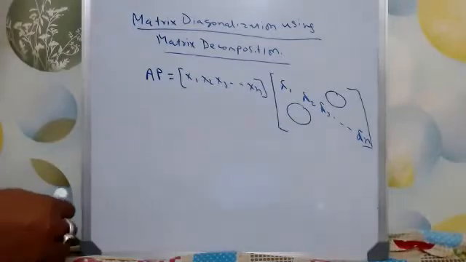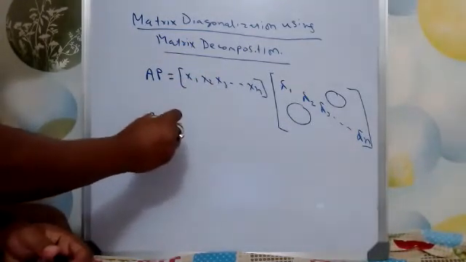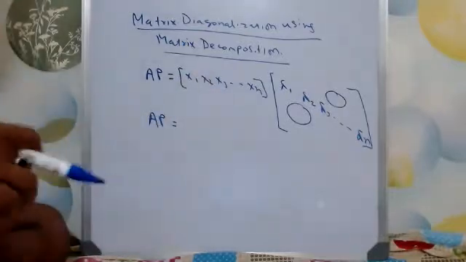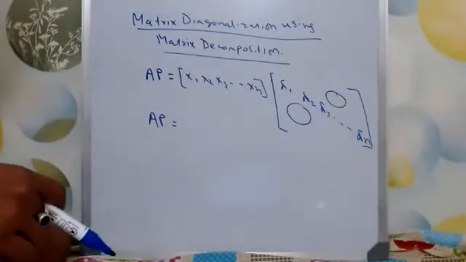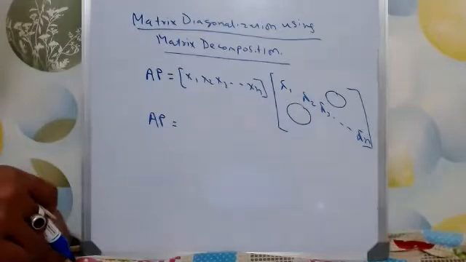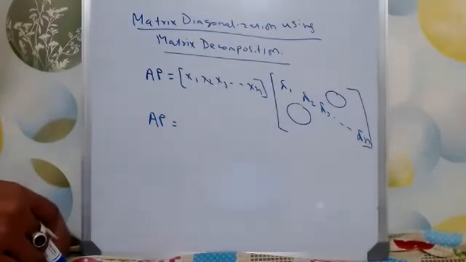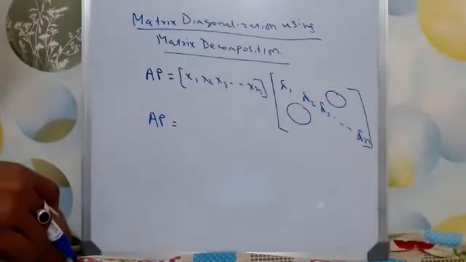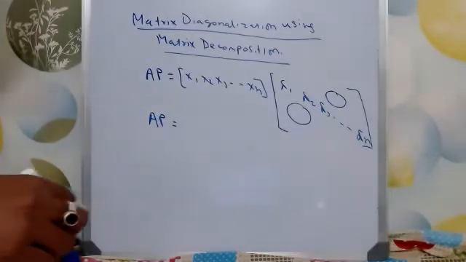Now what is this? Who can say? Eigenvectors of the particular matrix. Yes, what is that called? P. Correct.